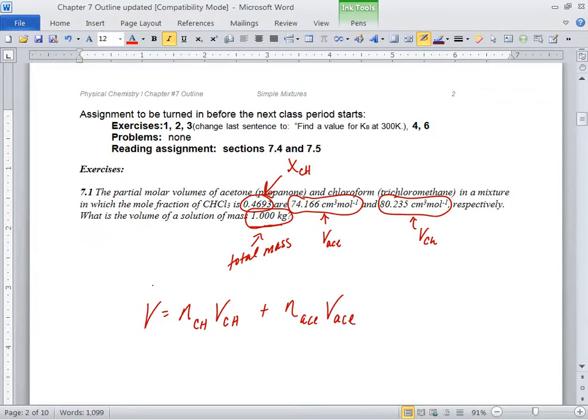So we're trying to find this one. Do we know any of the other variables? Yeah, we know the molar volumes of acetone, and we've got that one.